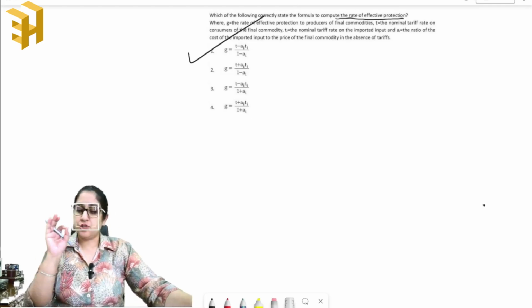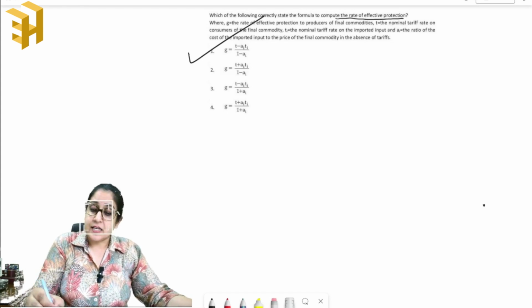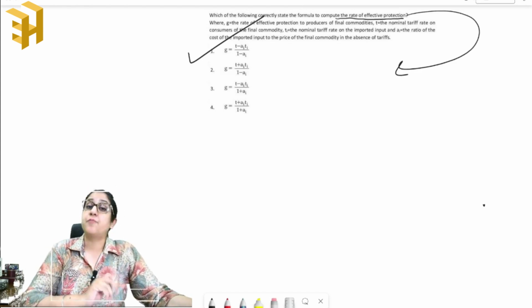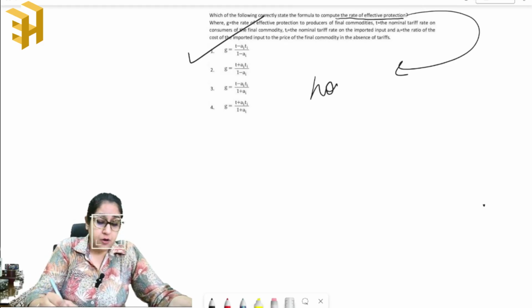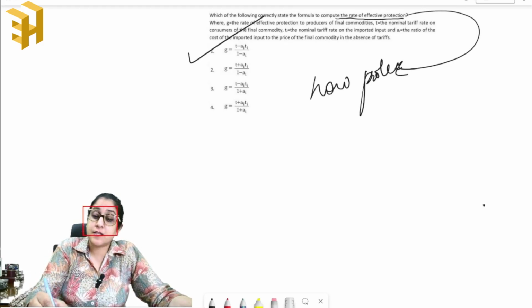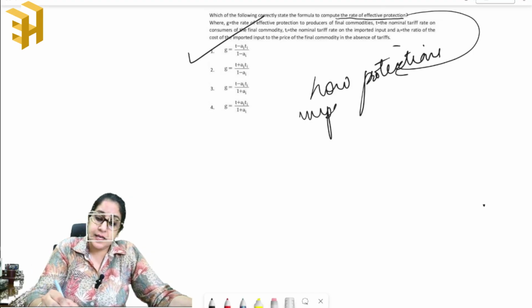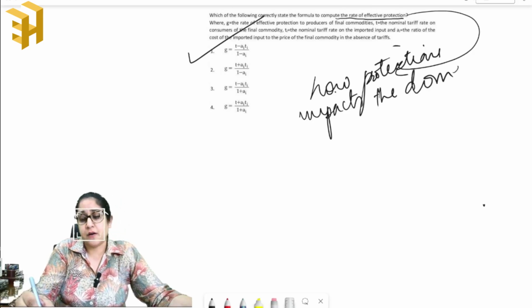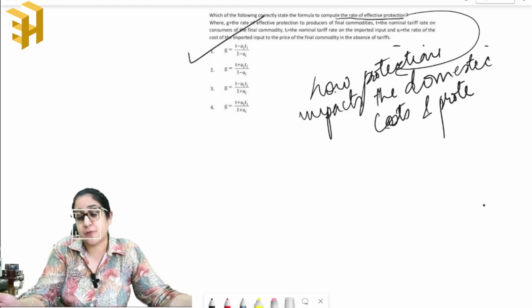Right? Now, just a few extra things that you need to know. First is that the rate of effective protection implies how your protection level or the tariffs impact the domestic economy, say domestic costs and production, right? So how the protection level or the tariff structure is impacting your domestic production.